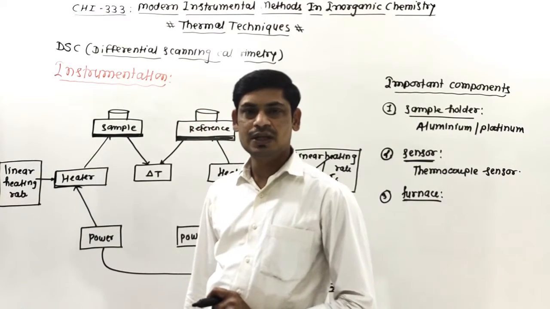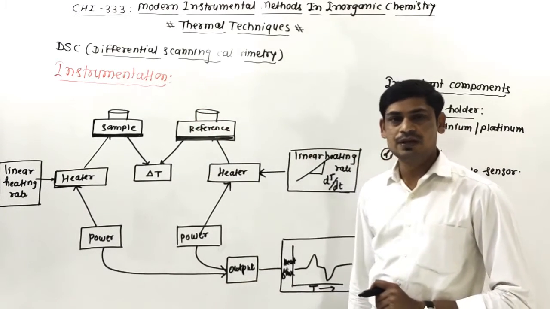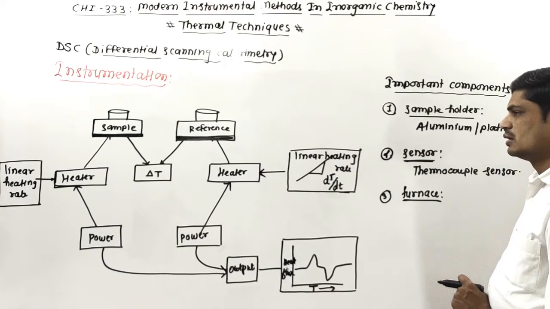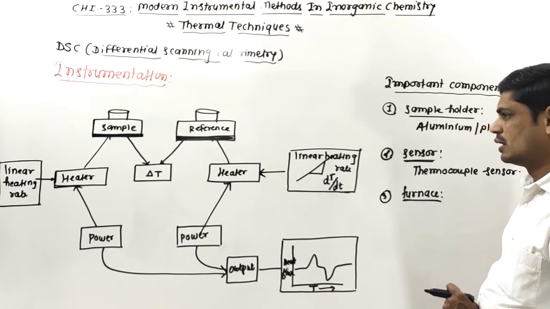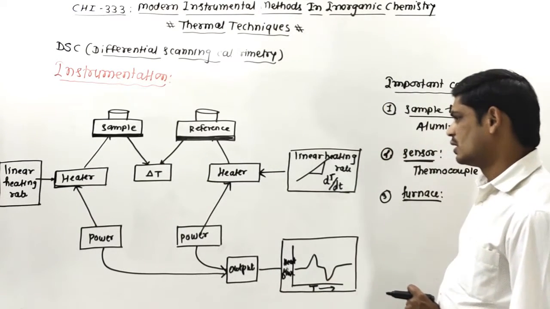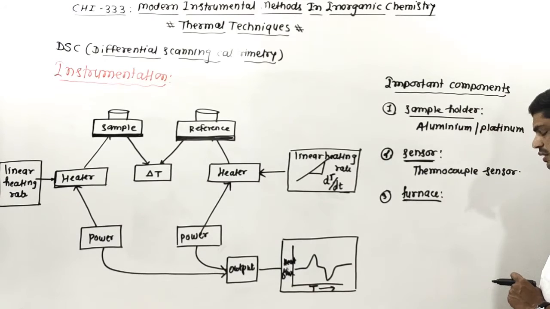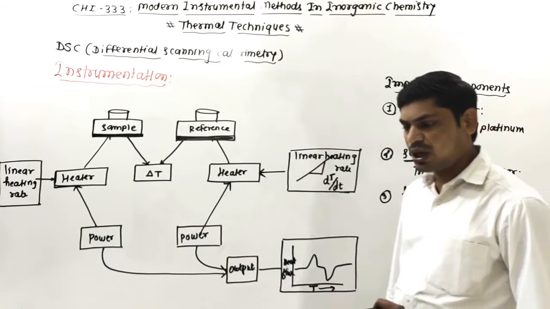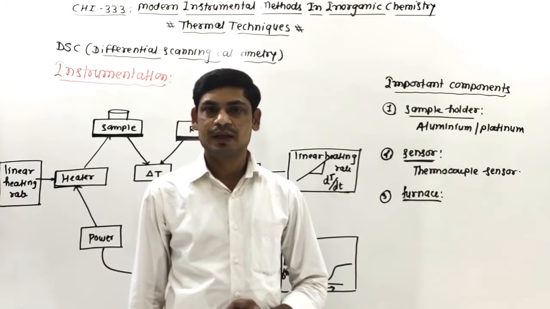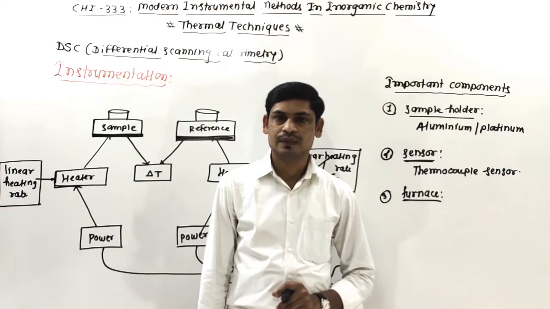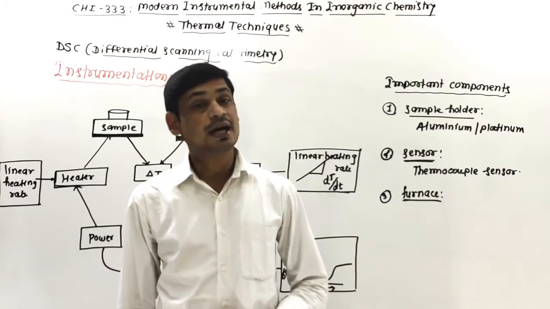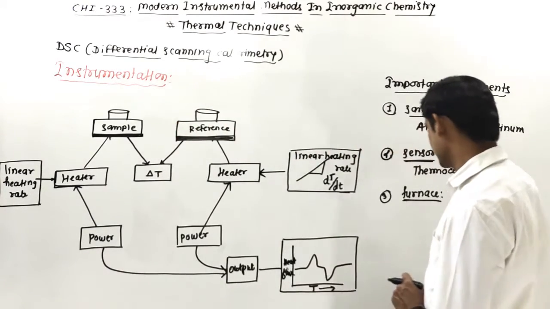This part will be clear when we will discuss about the types of differential scanning calorimetry. Normally, the furnace is having a single block in a heat flux DSC, and in power compensation DSC it has two separate blocks.